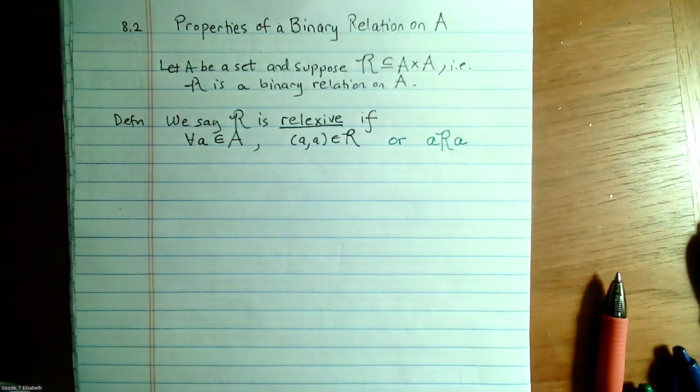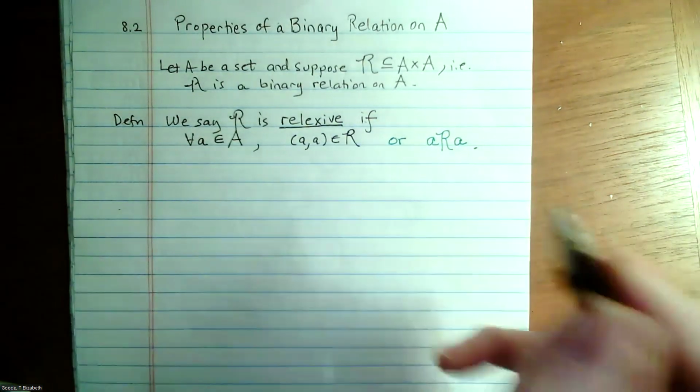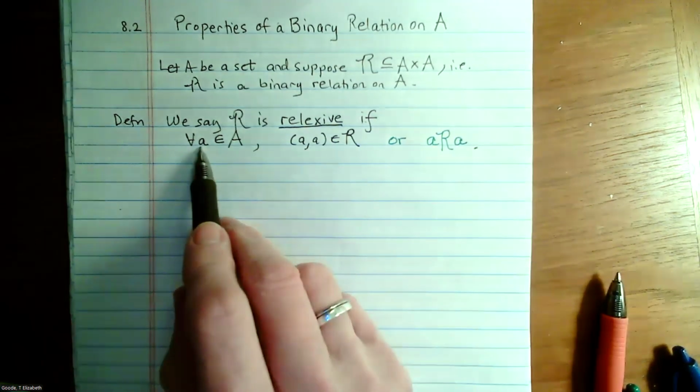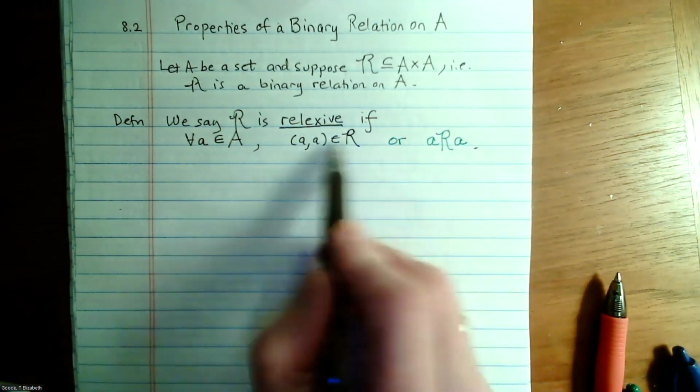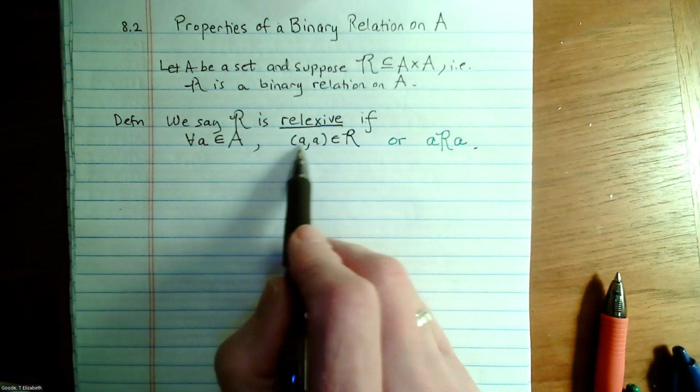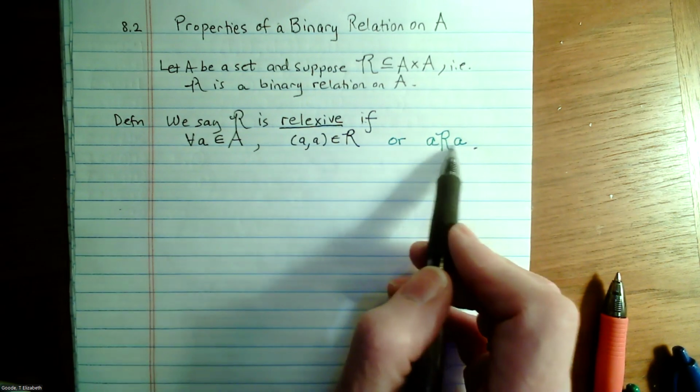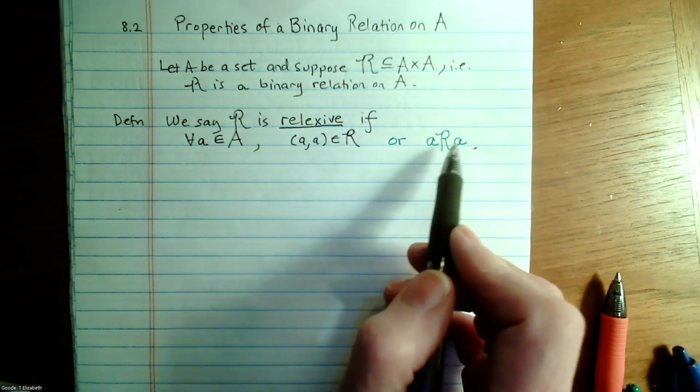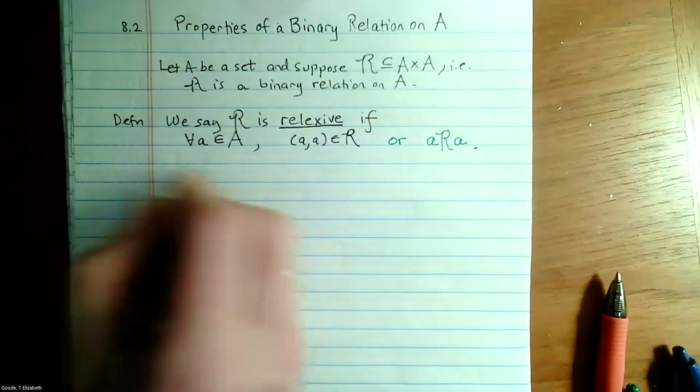That's what it means for a relation to be reflexive. It's like each element of the underlying set looks in a mirror and sees itself. That's why it's called reflexive. Each element is related to itself, a is related to a for every element in the set A.